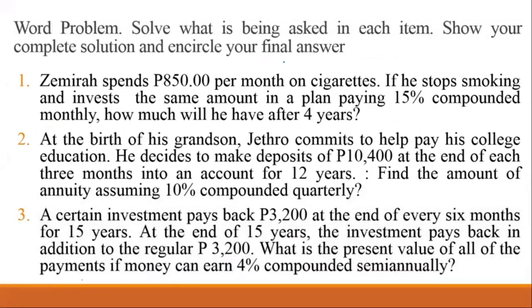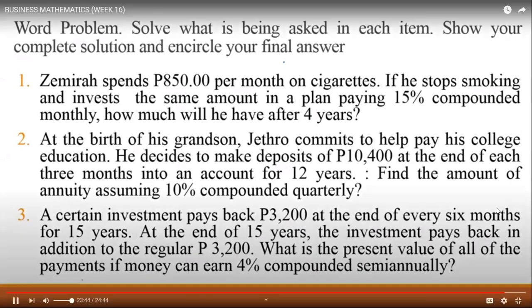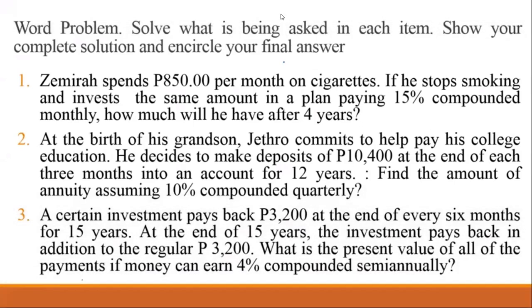And for your activity this week, all you have to do is to read, understand, and analyze every problem before you answer. Solve what is being asked in each item. Answers only means 0. No solutions means 0. So always show your complete solutions para magkaroon tayo ng points.